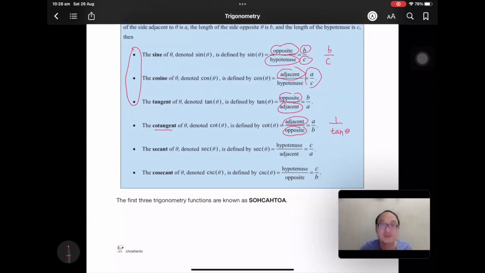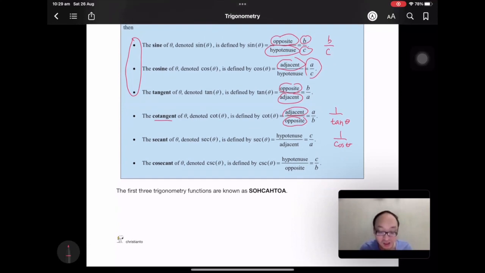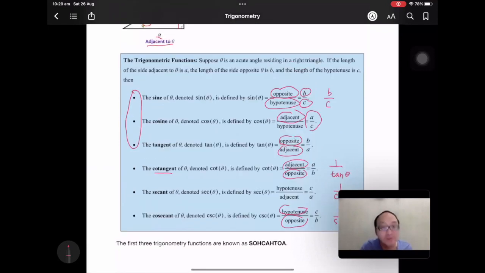Secant theta is the ratio between the hypotenuse and the adjacent, so this is the reciprocal of cos. And cosecant is the ratio between the hypotenuse and opposite side, so this is the reciprocal of sine theta. But because we will focus on the first 3, we will see only sine, cosine, and tangent.